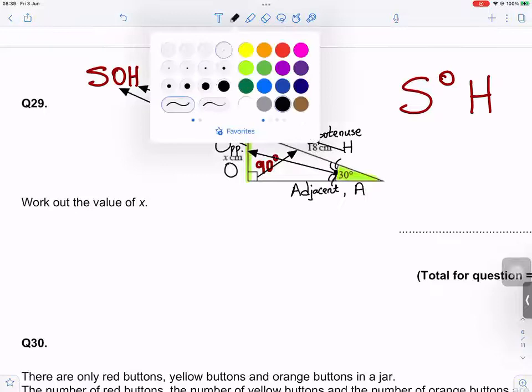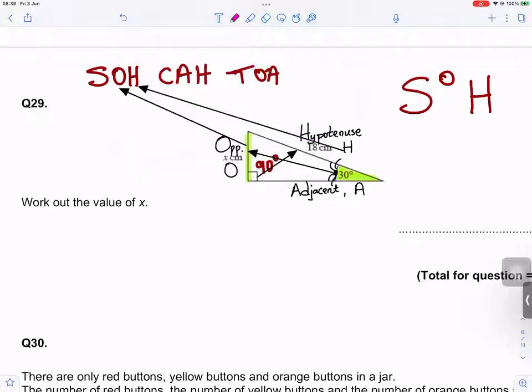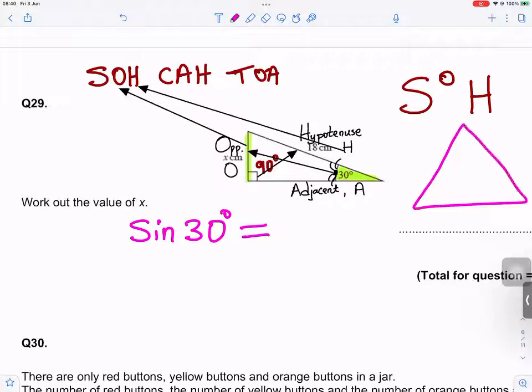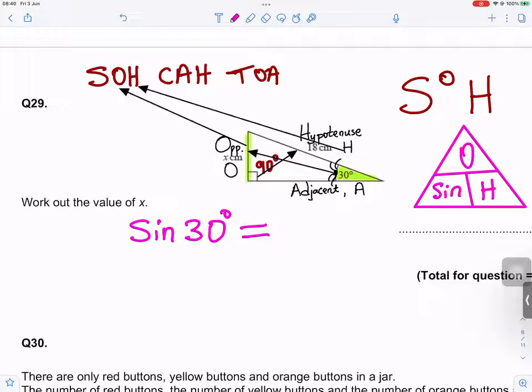So we have sine of 30 degrees equals opposite over hypotenuse. If you don't know how to remember the formula, you can use the triangle. Sine is opposite over hypotenuse, and we want to find opposite, so it's sine times hypotenuse.